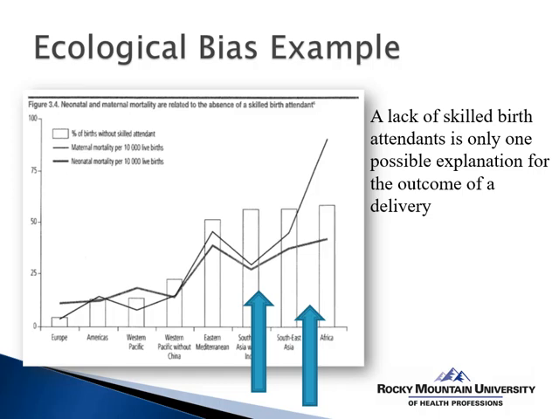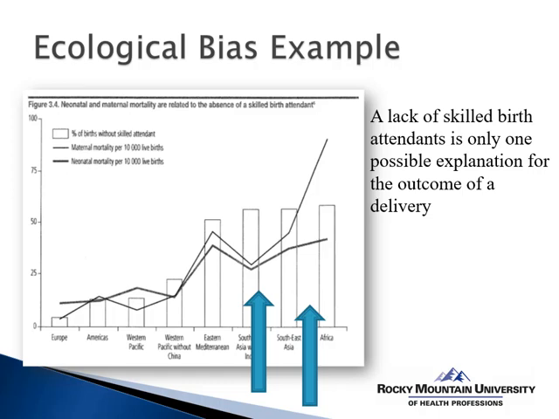And what do we see? Well, we see that in those countries that have a higher percentage of births without skilled attendants, we see what appears to be a higher maternal and neonatal mortality. But if we look within the groups, there's one group which appears to have a lower death rate.